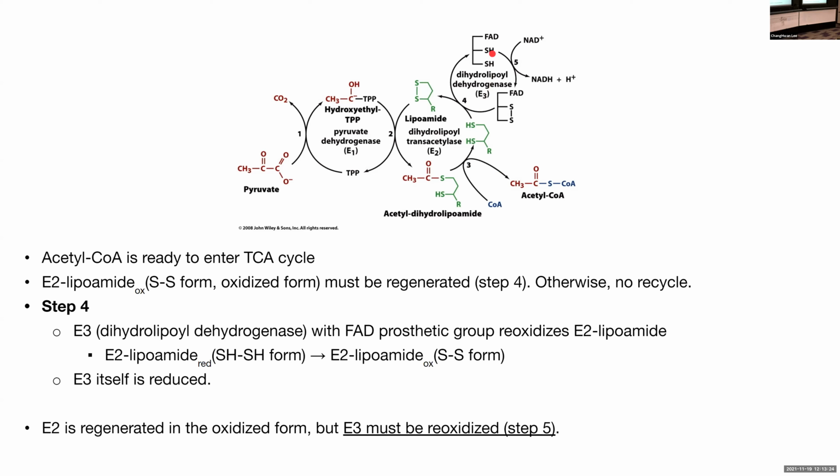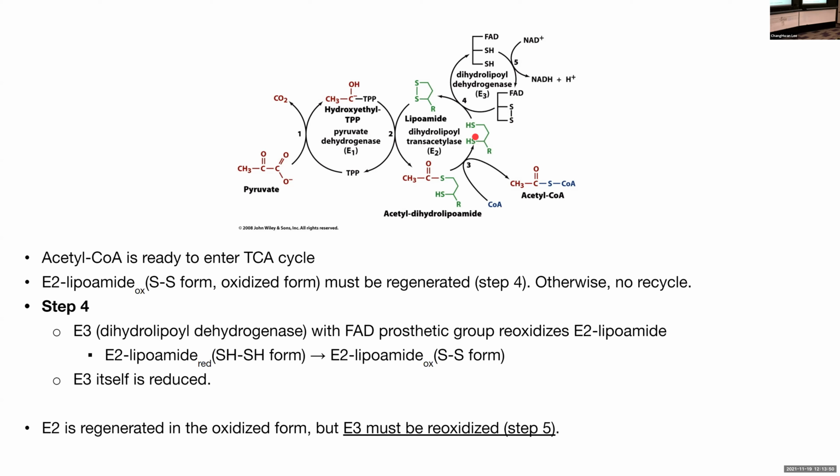You can simply think that it's exchanging the bonds. So E3 has this disulfide bond, but the E2 has these 2 sulfhydryl groups that have to form this disulfide bond. So E3 is giving up this bond here by reoxidizing this lipoamide.